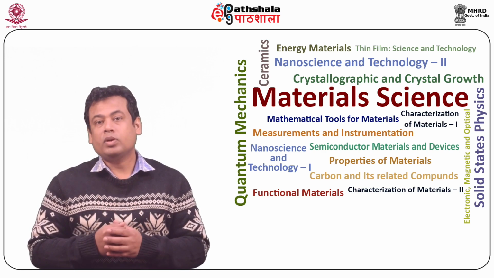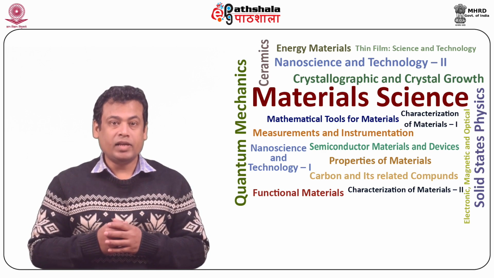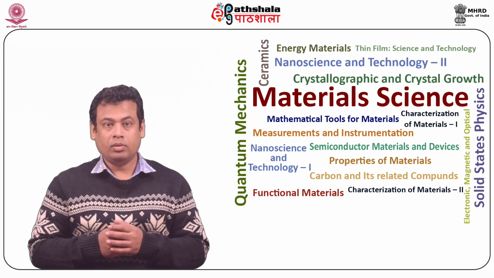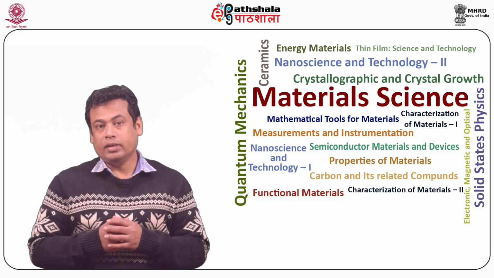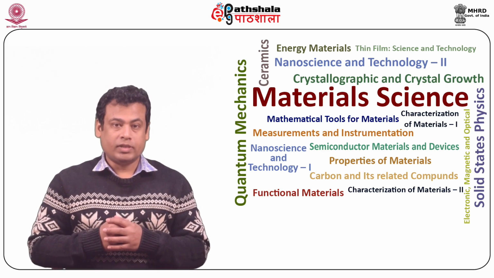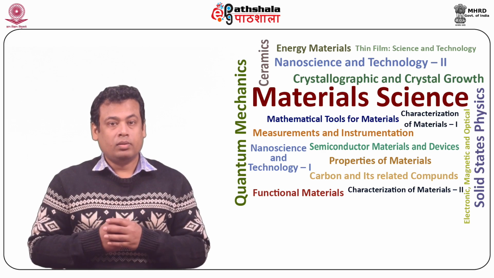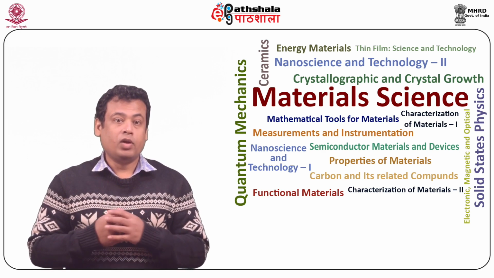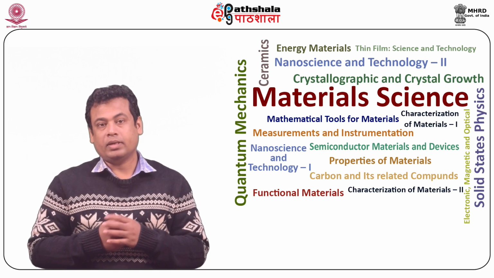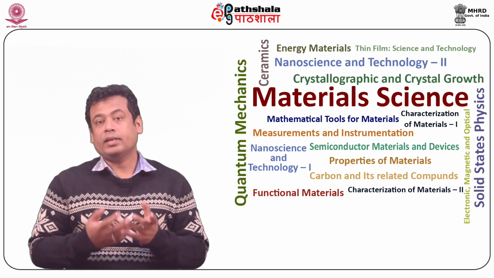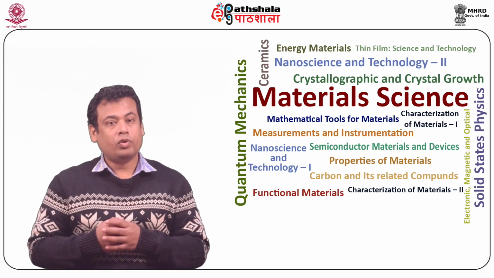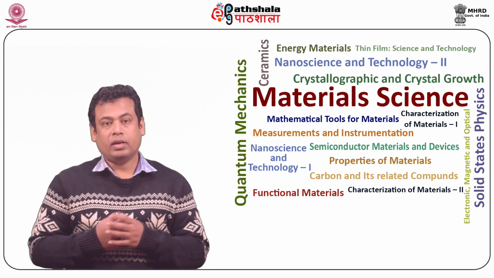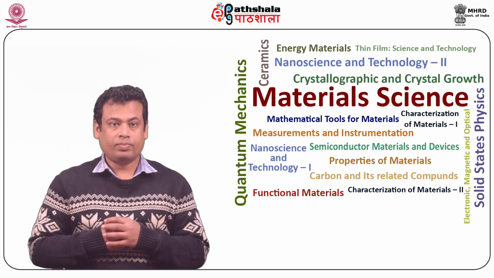There are many important techniques for characterizing the surface of a sample, including Auger electron spectroscopy, abbreviated as AES, X-ray fluorescence, abbreviated as XRF, X-ray photoelectron spectroscopy, abbreviated as XPS, secondary ion mass spectroscopy, abbreviated as SIMS, and finally the Rutherford backscattering, abbreviated as RBS technique.